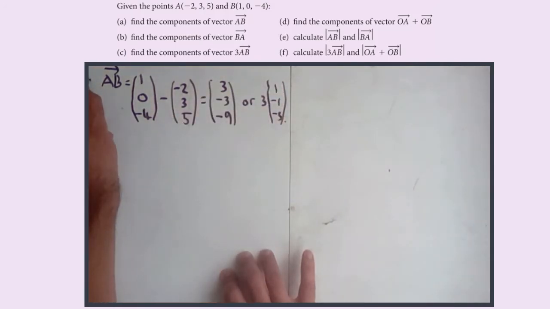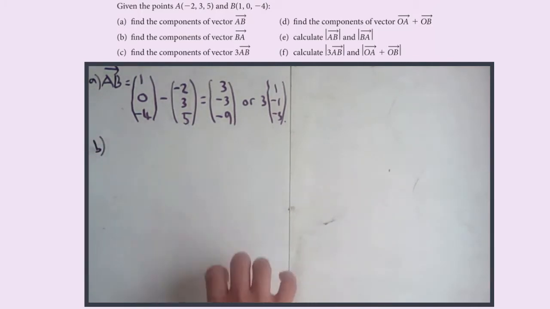Okay, so that was part A. Now BA, yes, you could do the same, as in we could start with A's coordinates, (-2, 3, 5), and then take away B's coordinates, (1, 0, -4). I say coordinates, I would actually do it with position vectors. But BA is just how do you get from B to A, it's the exact opposite.